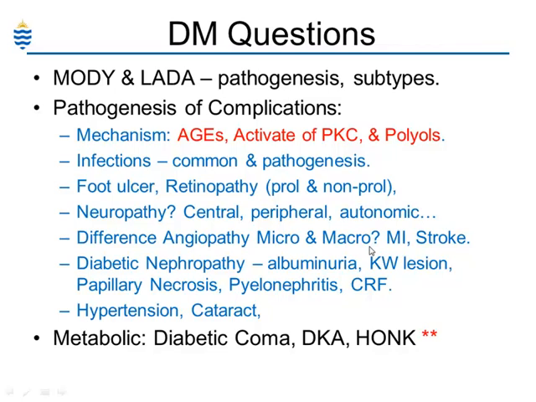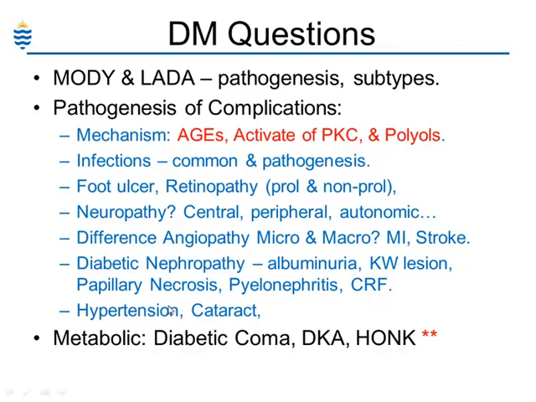What is the name for microangiopathy in diabetes? Hyaline arteriolosclerosis. What is the macroangiopathy? Atherosclerosis. You all know, but don't want to open. I will write in the exam.